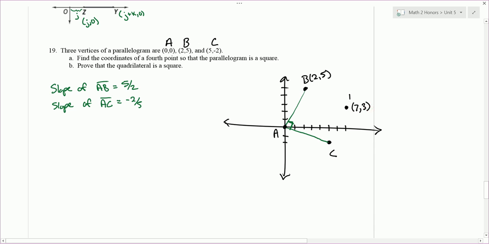And I'm thinking that's going to be the point that's going to complete it. We need to do some confirming here just to make sure we're thinking right, but that's the idea. So let's show that this is a parallelogram now. So the slope of BD, using the slope formula, y value minus y value, so 2 minus 7 over 5 minus 3, is going to give us negative 5.